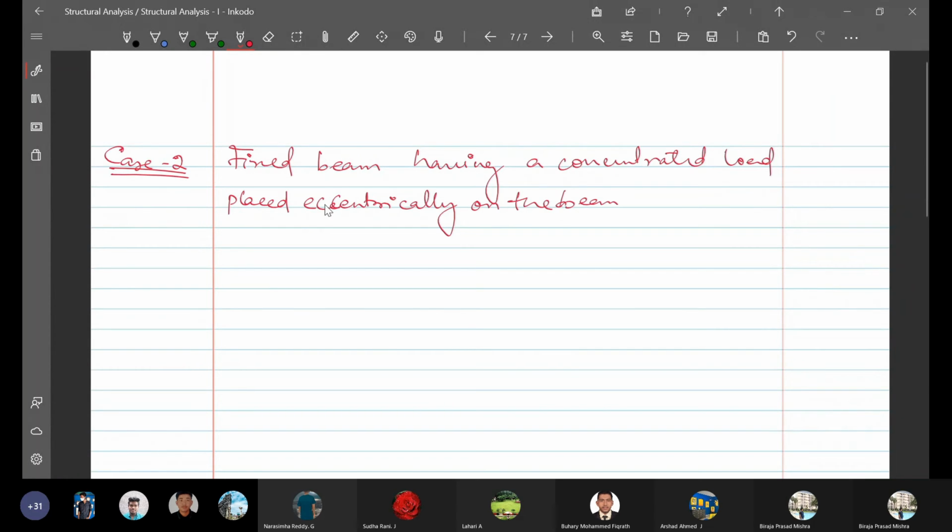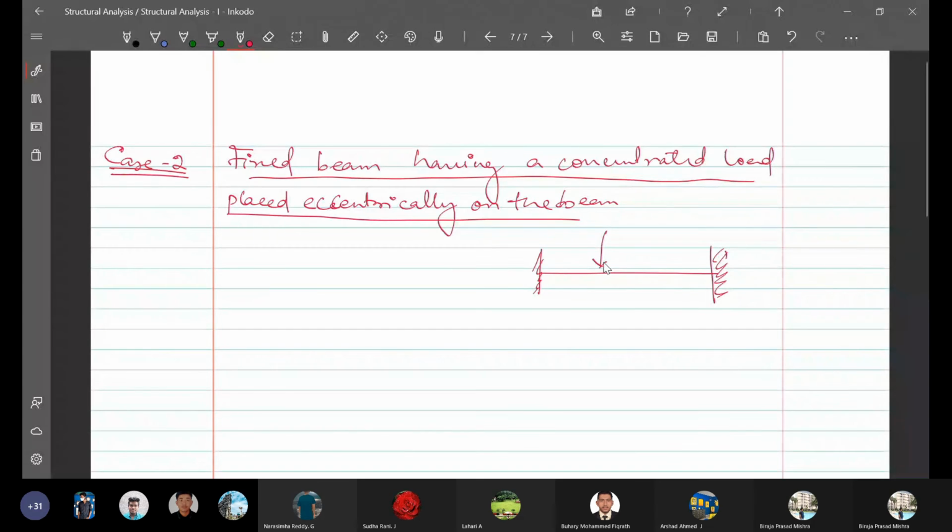What do you mean by placed eccentrically? Having a certain eccentric value, away from the neutral axis? No, it is not away from the neutral axis.